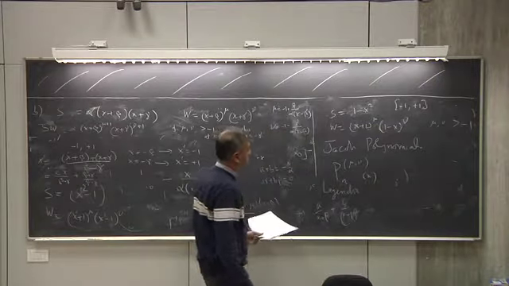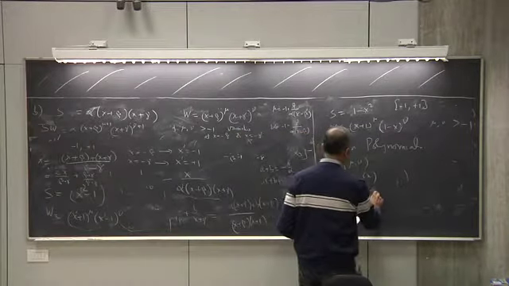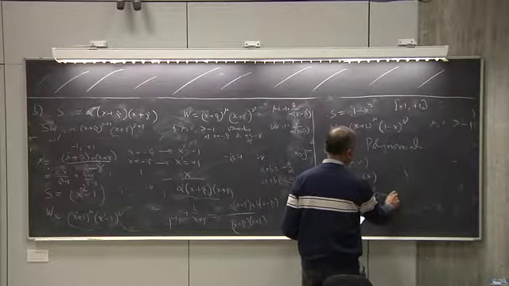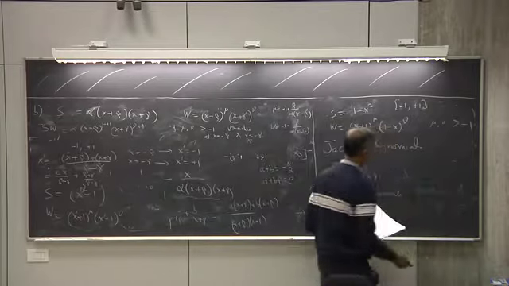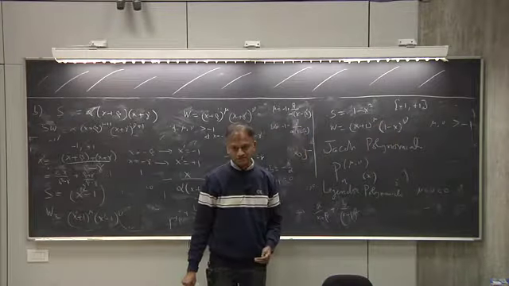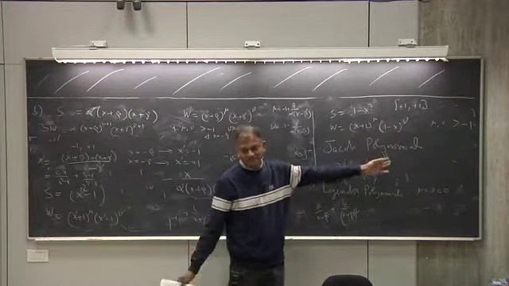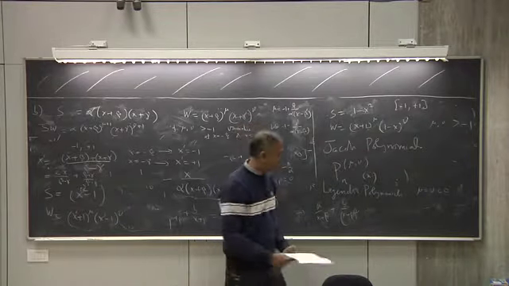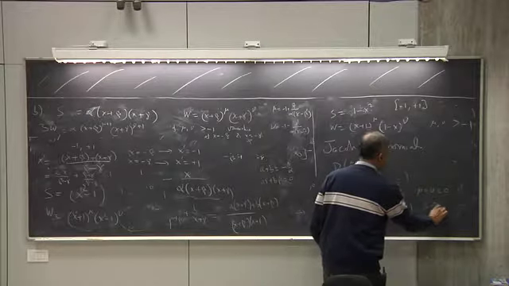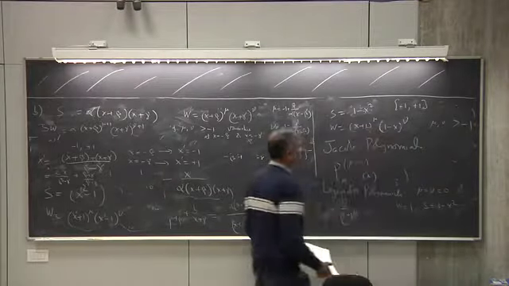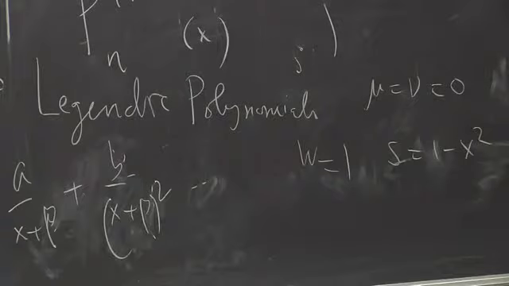That corresponds to the case where you choose mu equal to nu equal to 0. It's very simple. W is simply 1, and S is 1 minus x squared. So that is the Legendre polynomials.